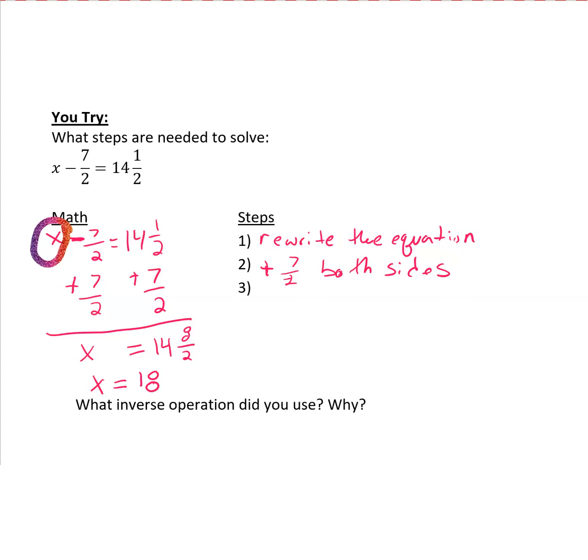So then what did I do? What was the step I took? We simplified. And then our final answer, we circle. Now, what inverse operation did you use, and why did you use it? Go ahead and pause the video here and answer that question.